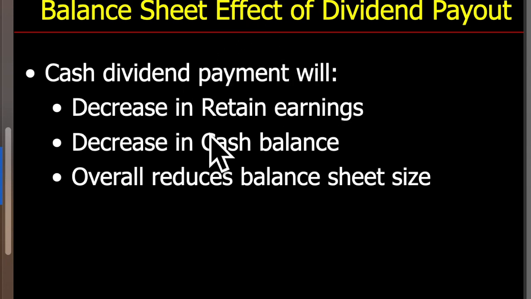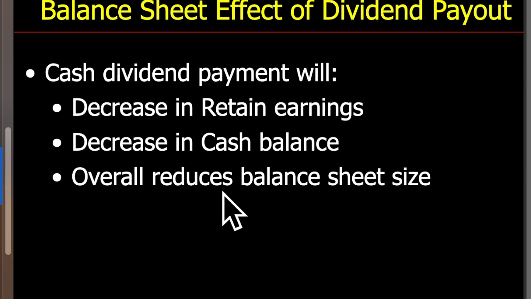If you pay a cash dividend, it will decrease retained earnings. In your first balance sheet you can see that you have paid dividend, so these are the adjustments that you will make. After the adjustment, you prepare the final comprehensive statement. That means it will shrink: it will decrease the cash balance, and also reduce the overall size of your balance sheet. That means you have given out cash.